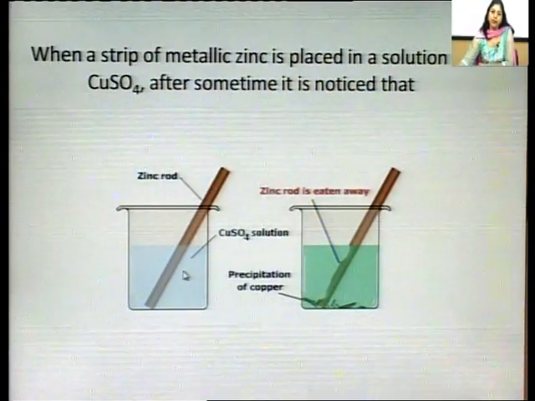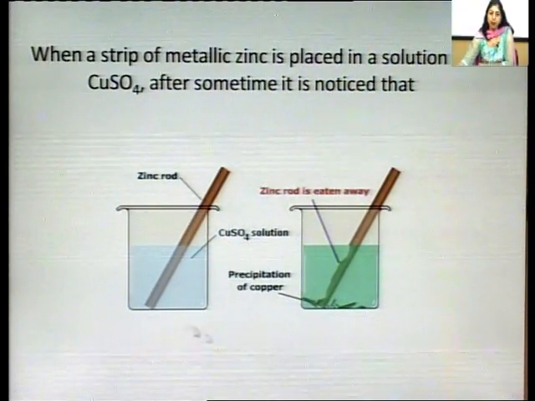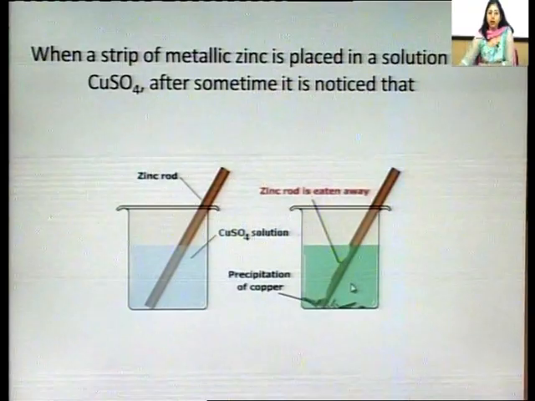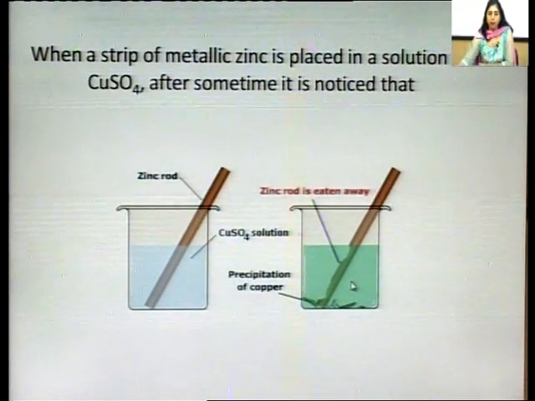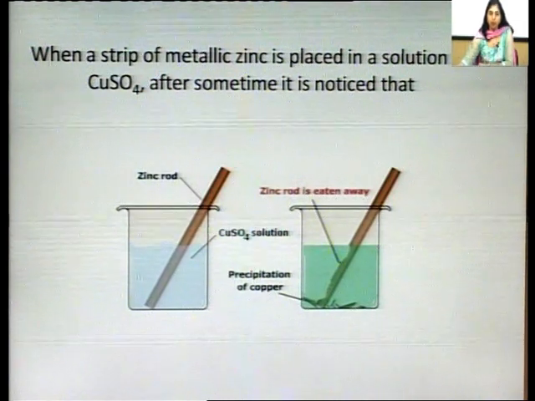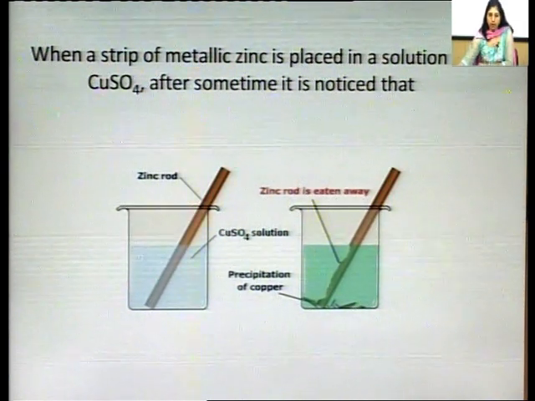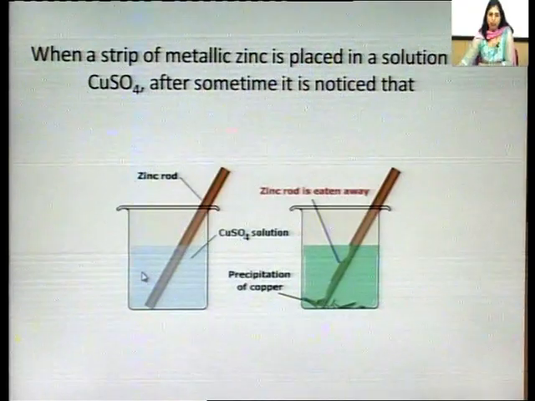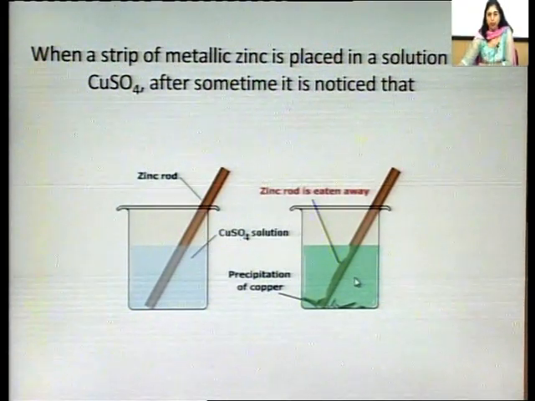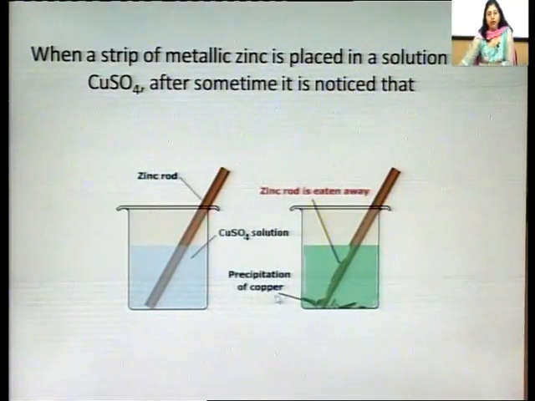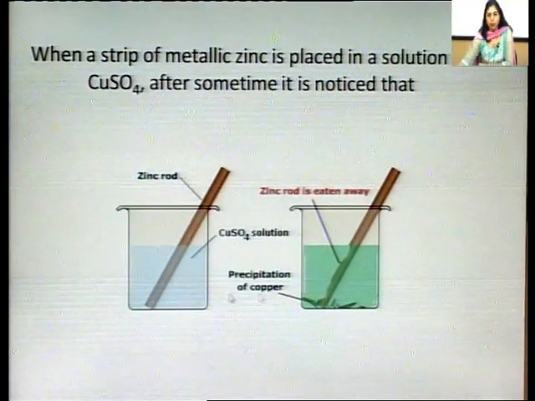So, what happens after some time? This second diagram shows the diagram after a few minutes or after your observation. So, this is the diagram just at the start and this is after some time. Now, tell me what is the difference between the two?